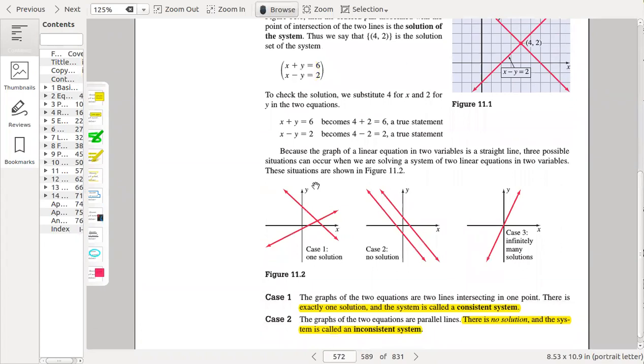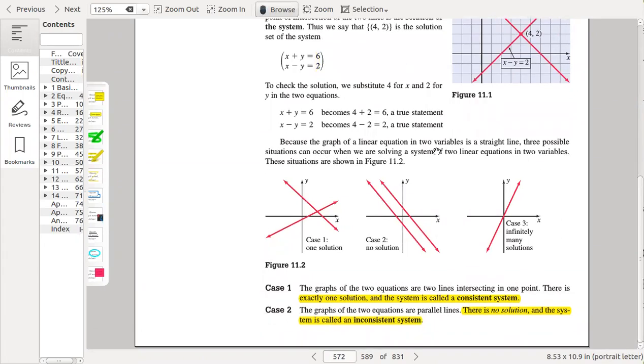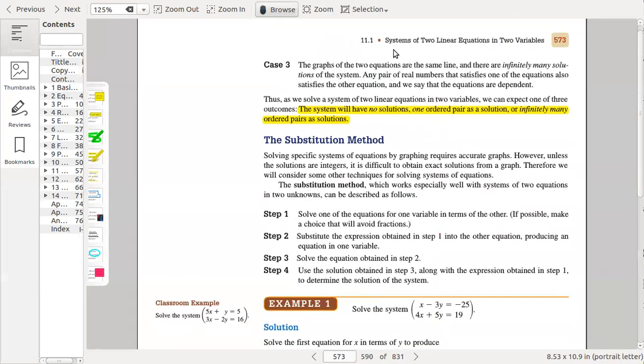So the graph of a linear equation in two variables is a straight line. Three possible situations can occur when we are solving a system of two linear equations in two variables. What are these three situations?